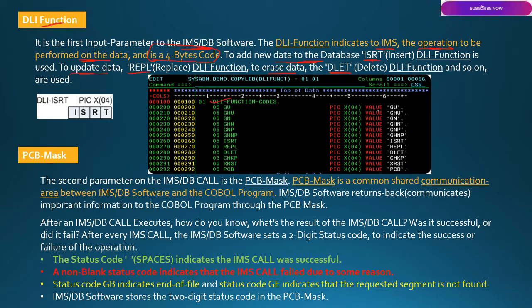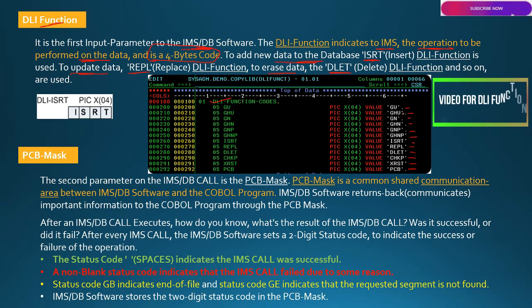Here we have get unique, get hold unique, get next, get hold next, get next within parent, get hold next within parent, insert, replace, delete, checkpoint, restart, and PCB. I will make one more video to discuss these DLI functions separately.